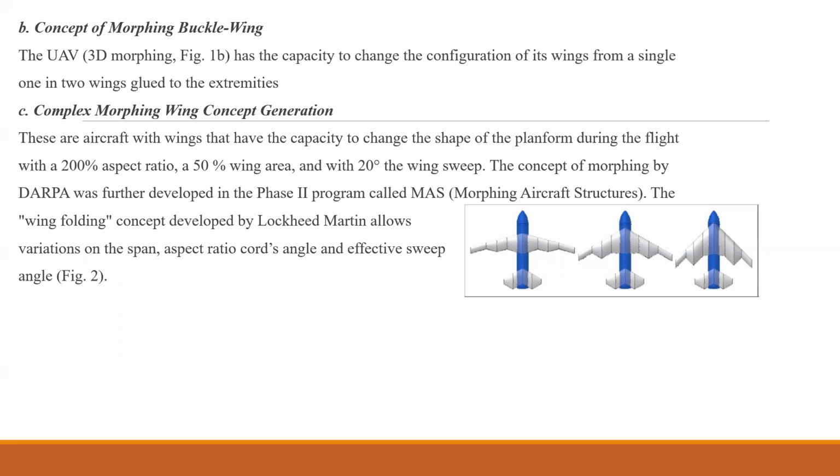The wing folding concept developed by Lockheed Martin allows variations of the span, aspect ratio, chord angles, and effective sweep angles. As we can see here, a normal tapered wing can be changed into different sweeps. It's a backward sweep angle. Here it's a medium sweep, and it's a normal sweep.